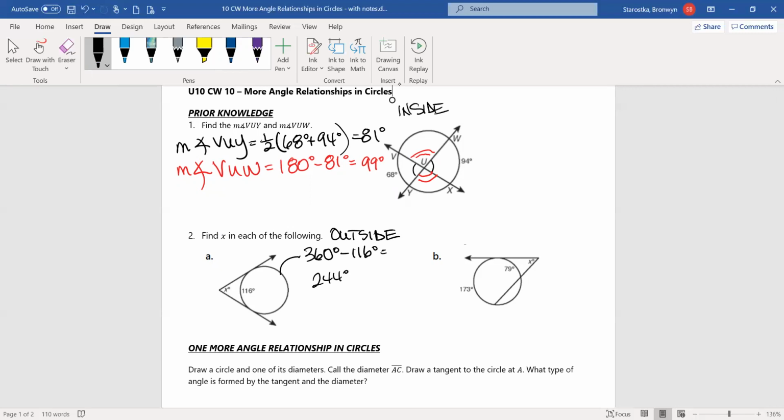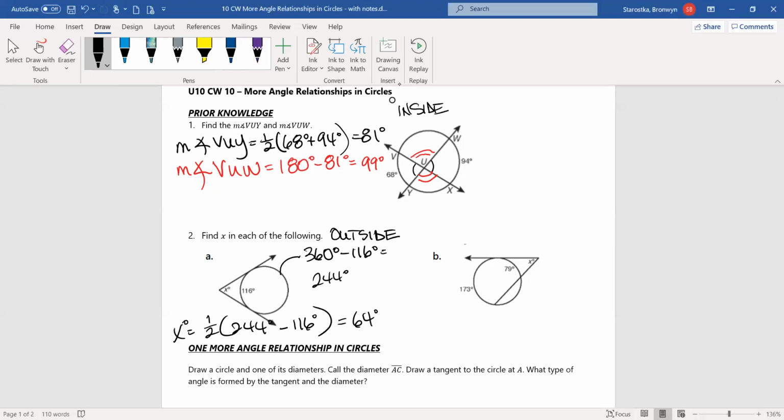And so x equals 1/2 of 244 degrees minus 116 degrees. And so the measure of angle x is 64 degrees. That's that one special circumstance when you have two tangents.